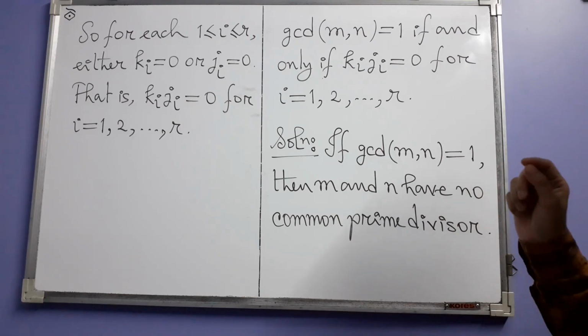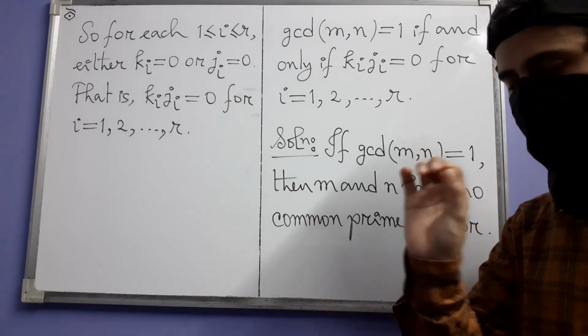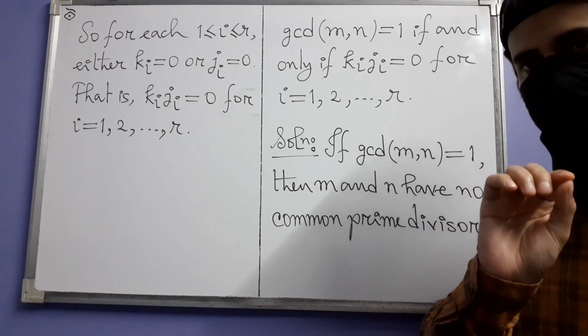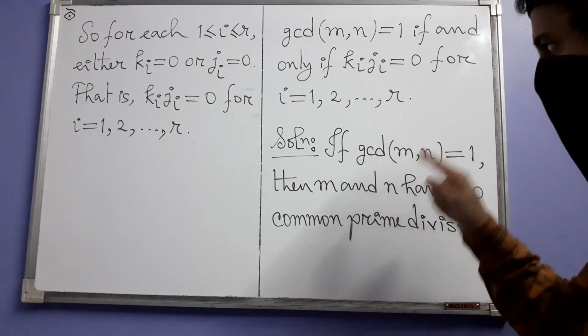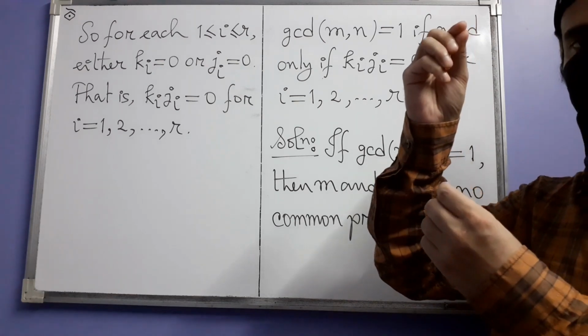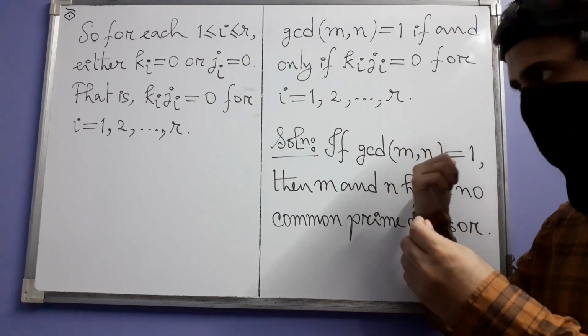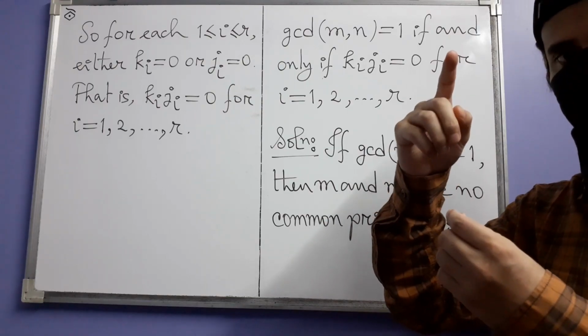So this means that if you choose any prime, say pi, then the exponent of pi in the factorization of m is ki, and the exponent of that same pi in the factorization of n is ji.